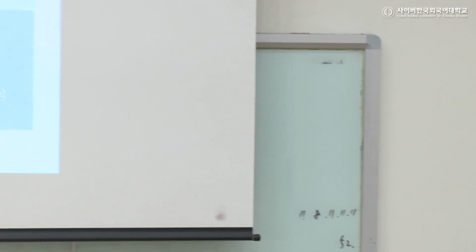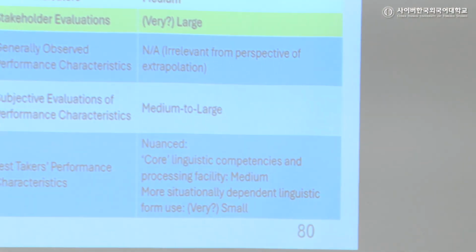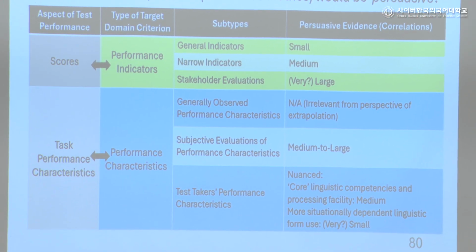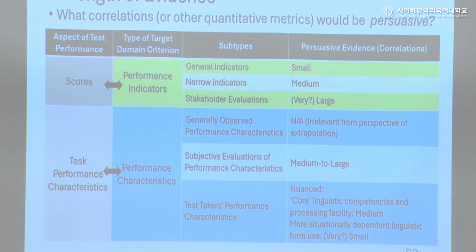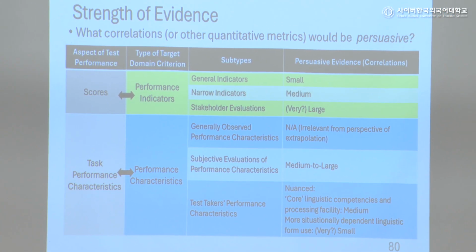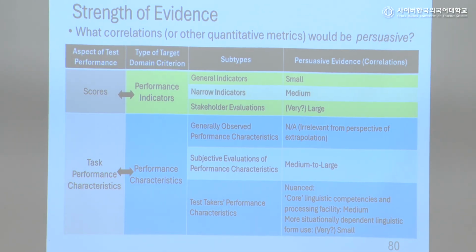So starting to think a little bit about how we set standards of evidence. I don't want to say that this is a final, here's what we should all follow. But in general, with general indicators like GPA, maybe job performance, we might not expect extremely large correlations. So something positive on the smaller side is maybe all we can expect.